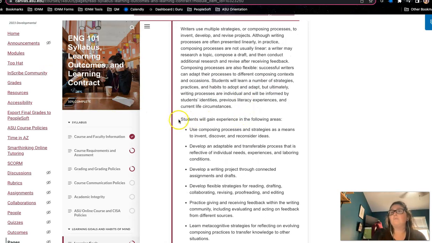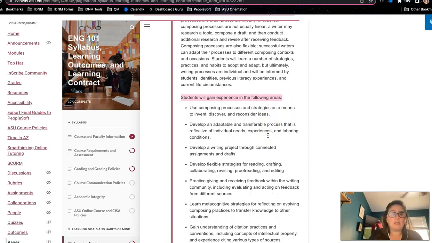You can see that this would meet the standard of being written from the student perspective, as we do have that written in "students will gain the following." And we also make sure to use easy to understand language, and we're avoiding some of that jargon.